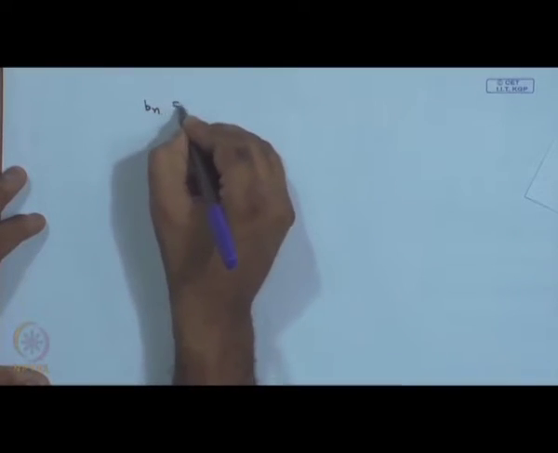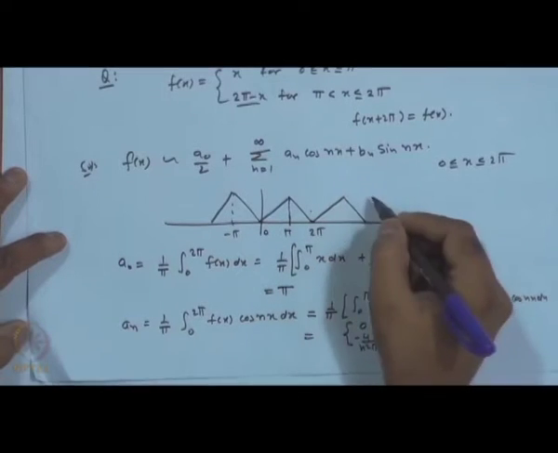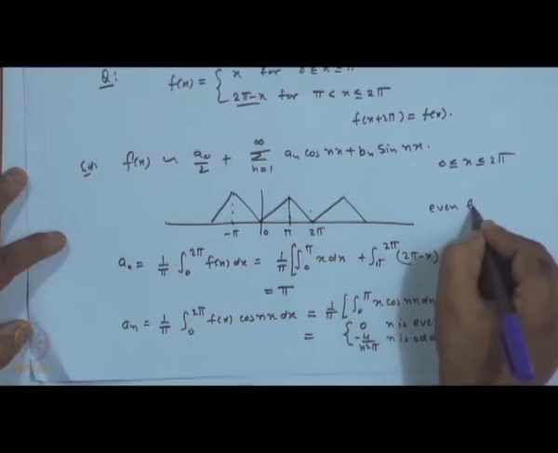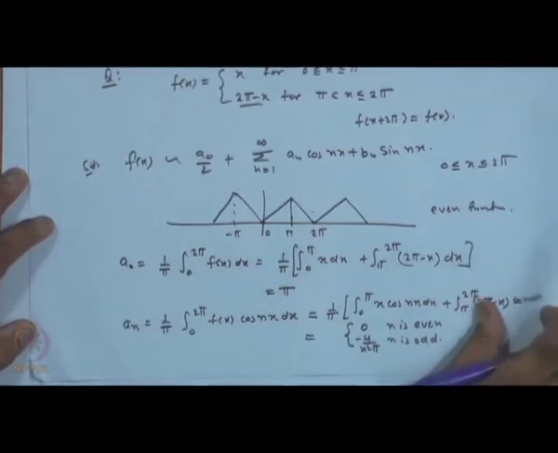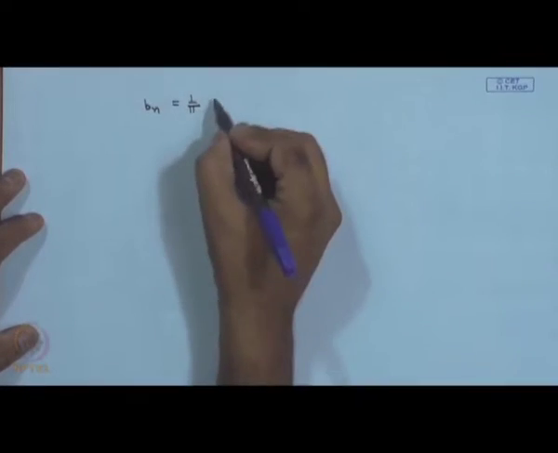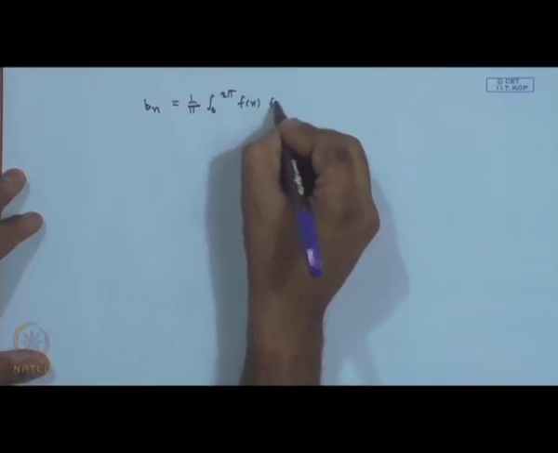Now, we go for b_n, and we need not calculate b_n because the function is an even function. We have f(x) equal to f(-x), and in this case b_n will be 0 without going for any calculation.